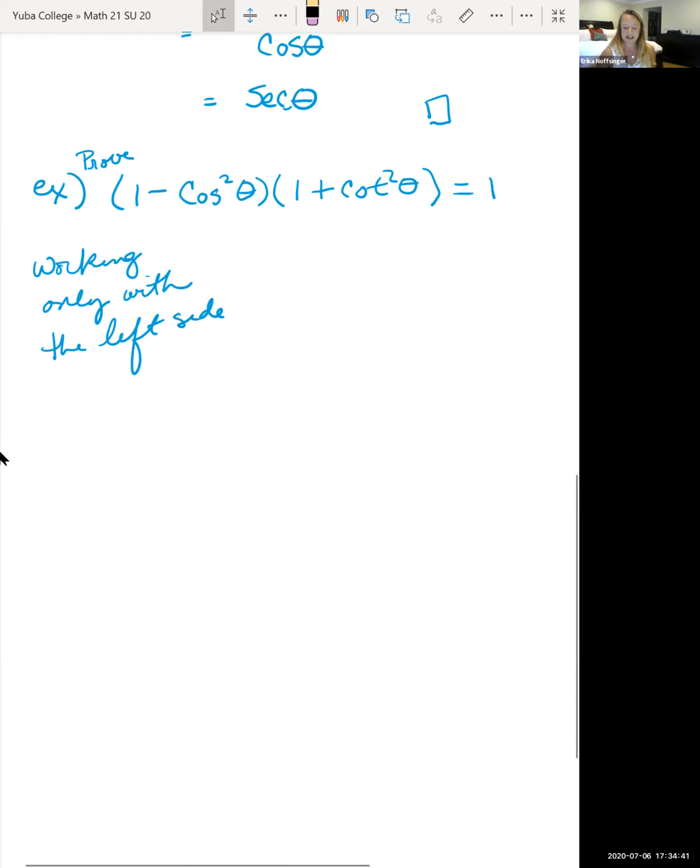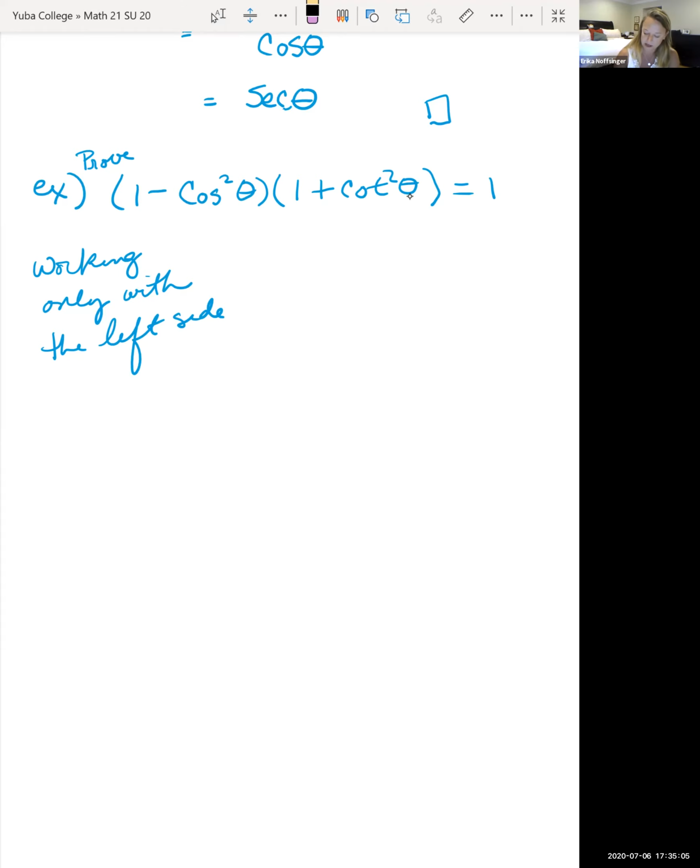I notice I can either rewrite cotangent squared theta right now in terms of sine and cosine, or I can first distribute. Just to save time with not having to rewrite this as two trig functions, let's first distribute, and then if we need to, we can rewrite that in terms of sine and cosine to simplify.